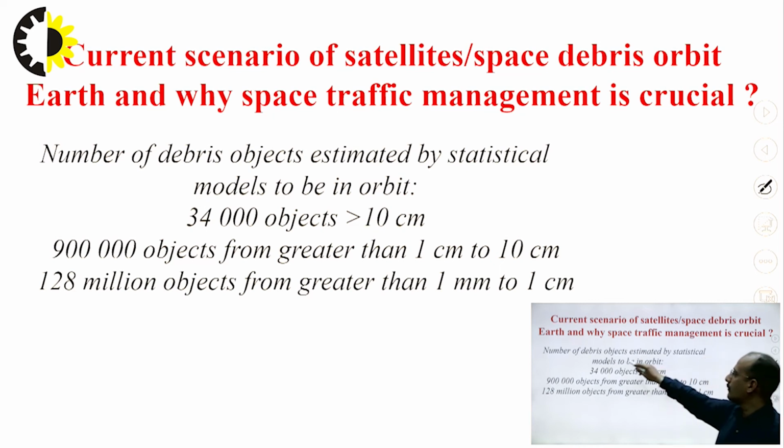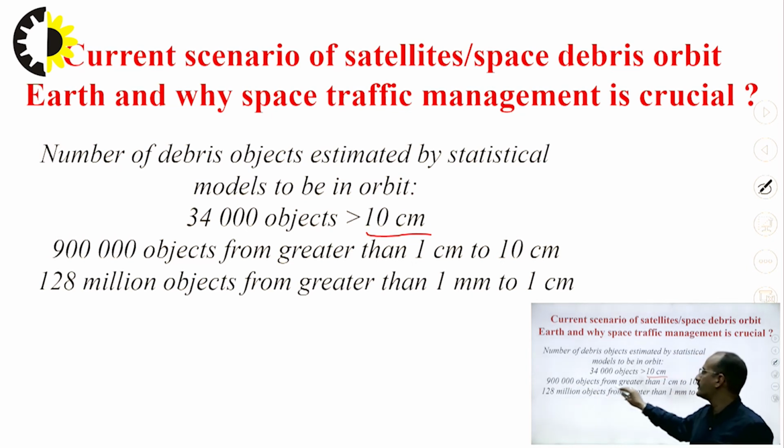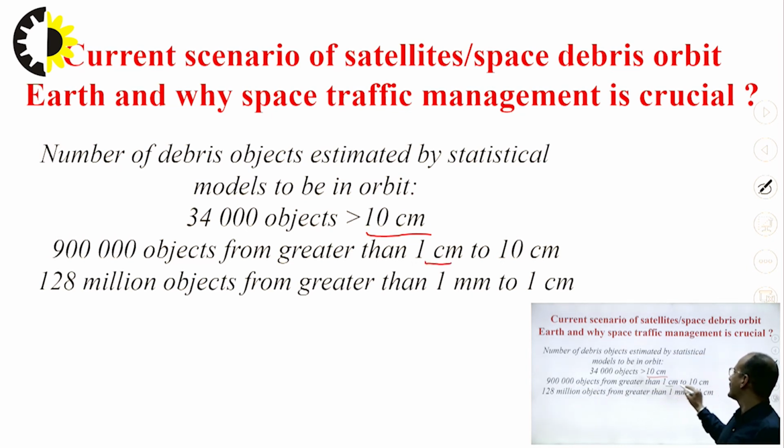The number of debris objects estimated by the statistical model in orbit is around 34,000 objects greater than 10 centimeters, 9 lakh objects from 1 centimeter to 10 centimeter, and 128 million objects from 1 mm to 1 centimeter.